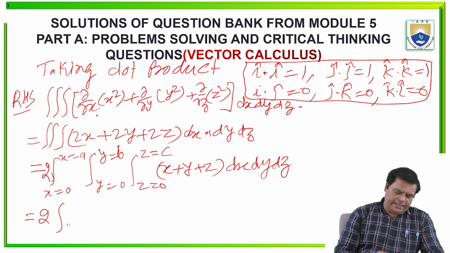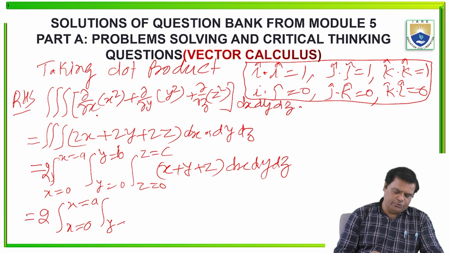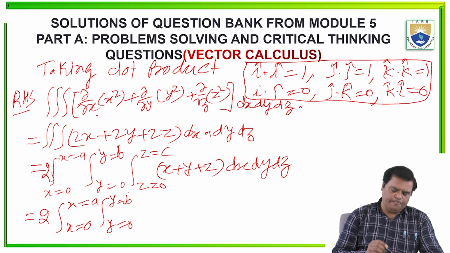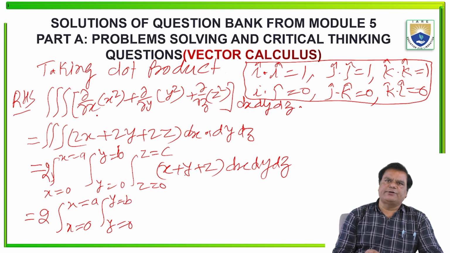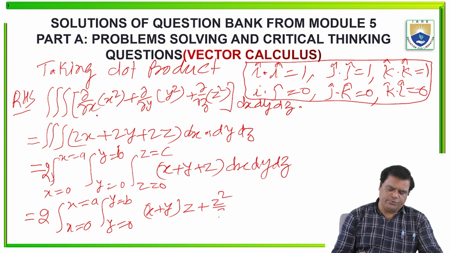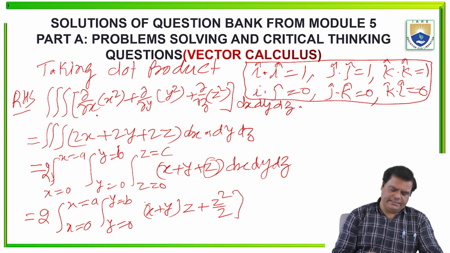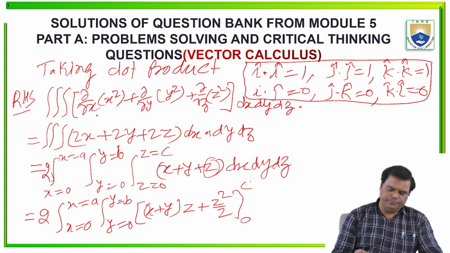Now this is equal to 2 common, integration. Here first of all x equal to 0 to a, integration y equal to 0 to b. Now integration with respect to z here. So writing here x plus y into z plus z square by 2. Integration of z is z square by 2, and x plus y is constant. So integration of 1 with respect to z gives this result. Now apply limit 0 to c and dx dy.